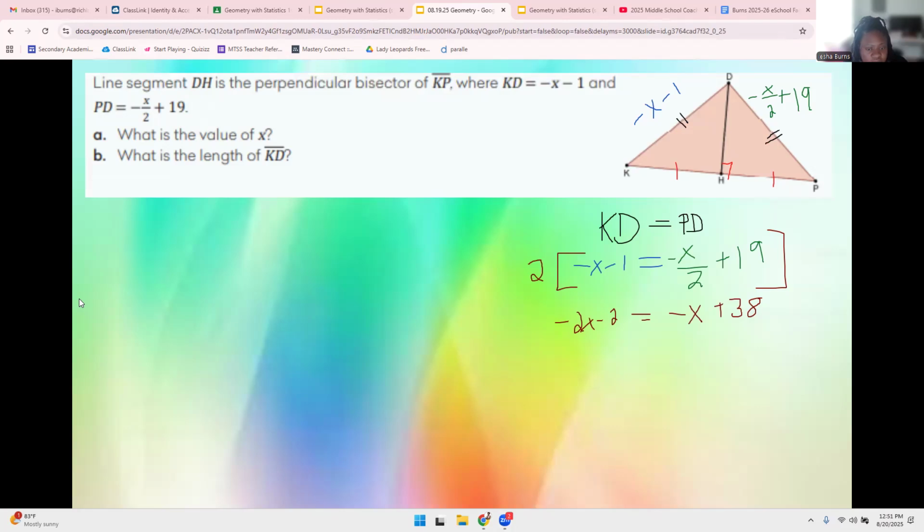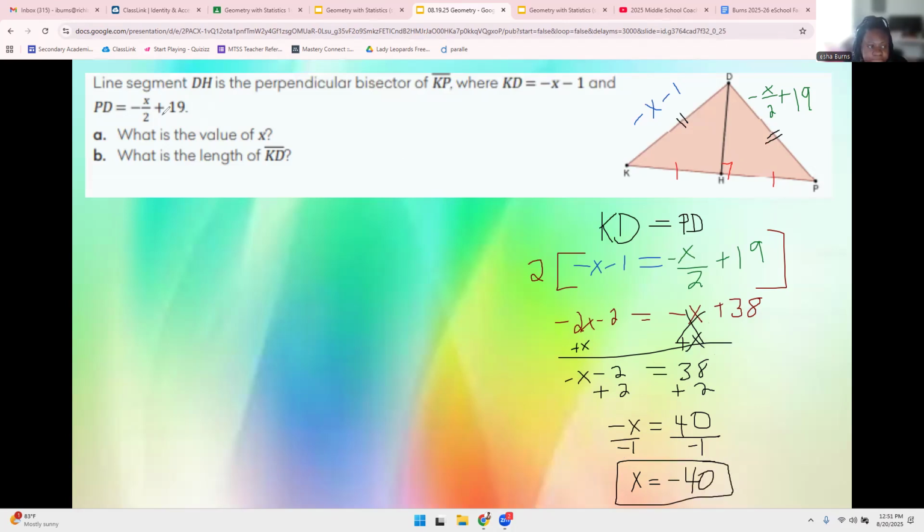And then from there, I'm going to add x over here. So then I have negative x minus 2 is equal to 38. I'm going to add 2 to both sides. So negative x is equal to 40. And then I'm going to divide by negative 1 to get x equals negative 40.